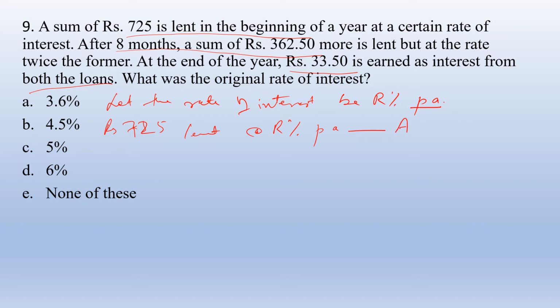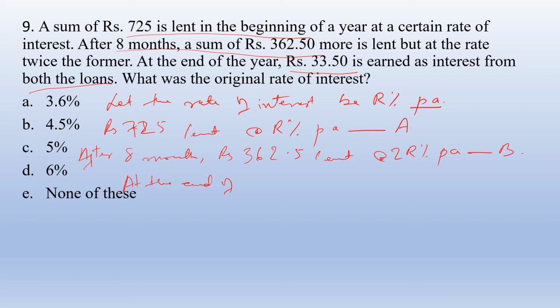Say this is loan A. After 8 months, a sum of rupees 362.5 is lent at the rate of interest twice the former, that means twice R% per annum. Say this is loan B. The interest he earned at the end of 1 year is equal to 33.5.